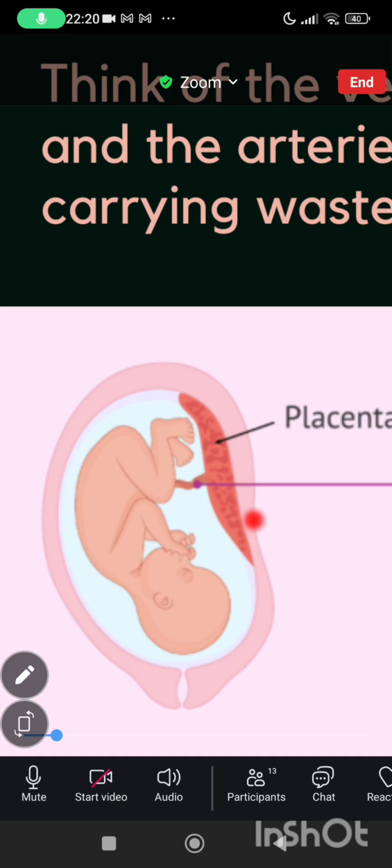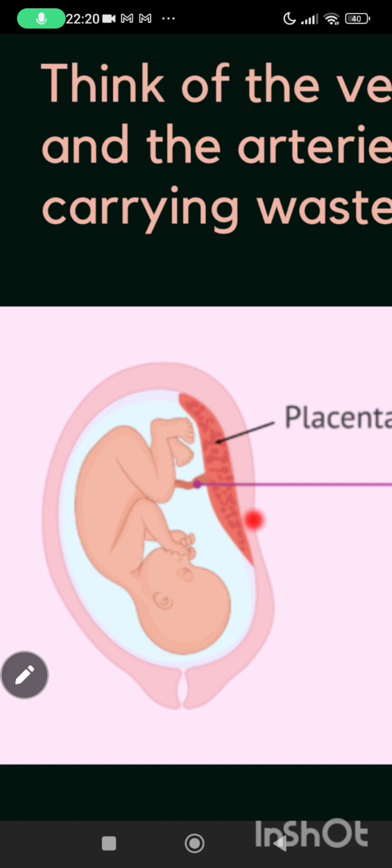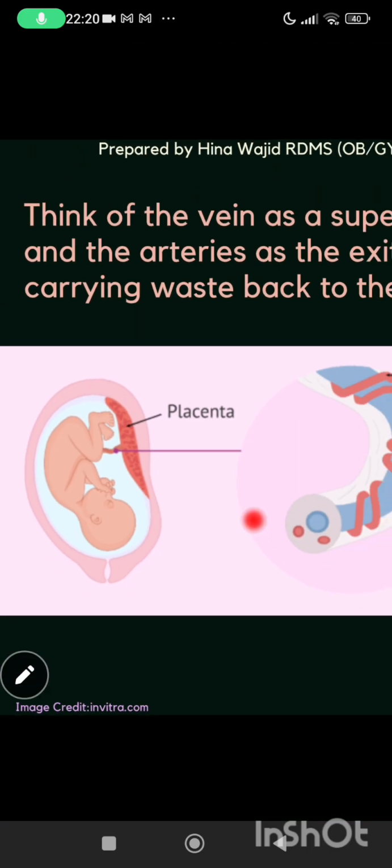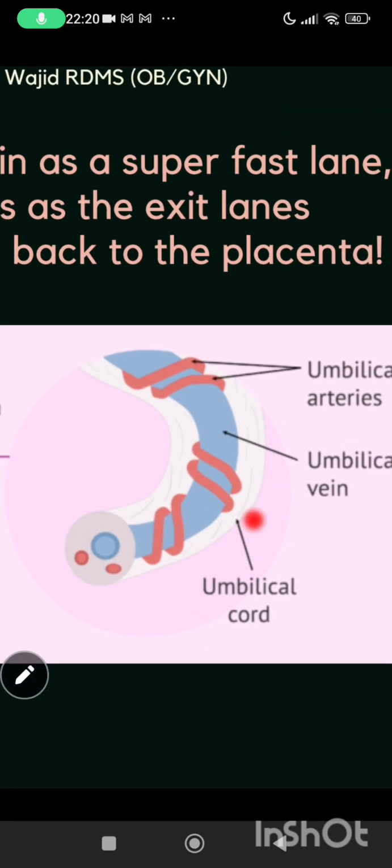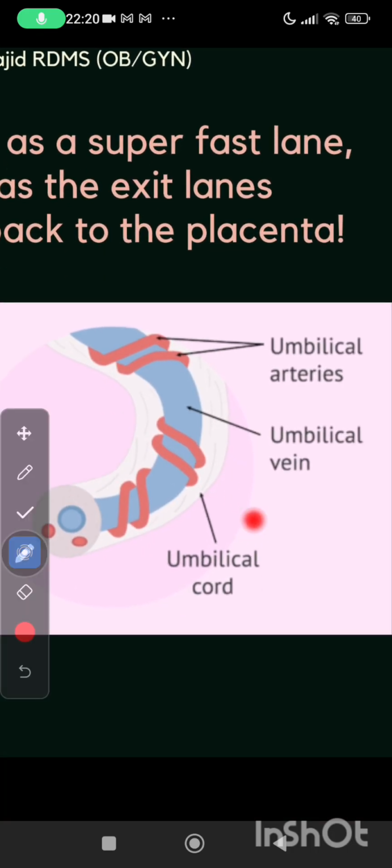And where does the umbilical cord insertion occur in the fetus, where does it get inserted? Anyone? At the fetal abdomen, at the level of the umbilicus, there is cord insertion. Now here we can see the anatomy of the cord.